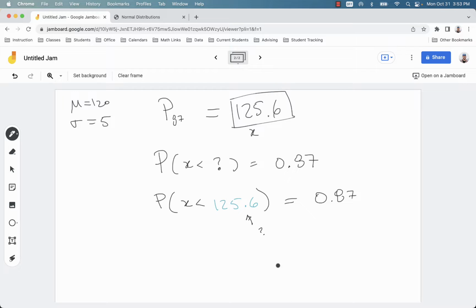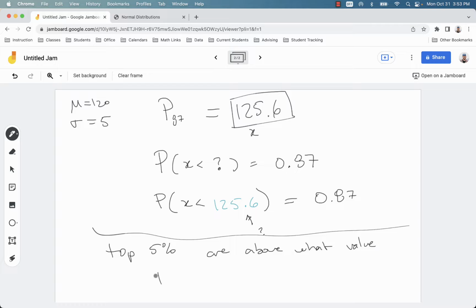You might also see problems where it says something like the top 5% are above what value. Here we're saying if we point it to the right, what number would we want to put here to get an area of 0.05?